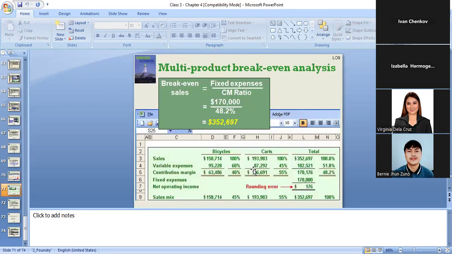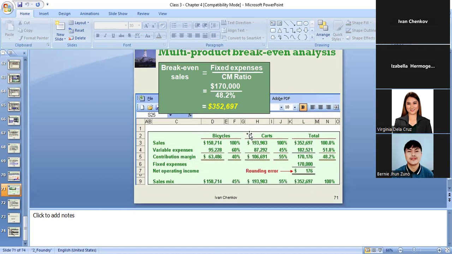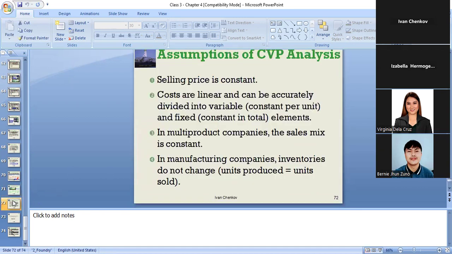So again, I'm calculating the break-even based on the total contribution margin. My total sales should be 352,697 to achieve the break-even. But 45% of this amount has to come from the first product, and 55% from the second product. That was the last thing I wanted to show you today.